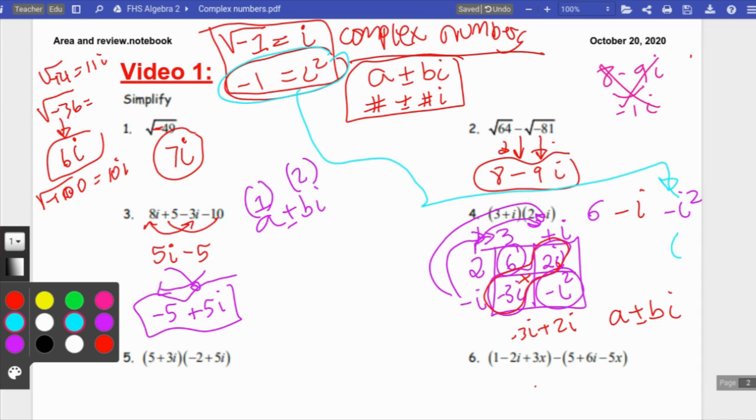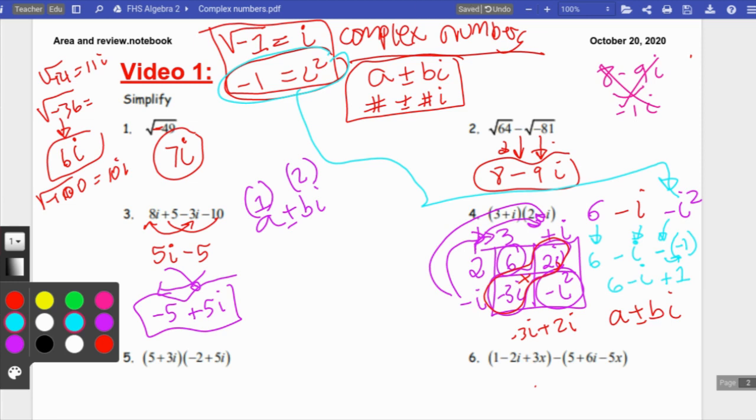So parentheses, negative 1. And then you bring everything down, even the sign comes down. That was a negative, I have a negative i. Then I have a positive 6. Negative times negative should make a positive 1. You still have your negative i. You still have this.